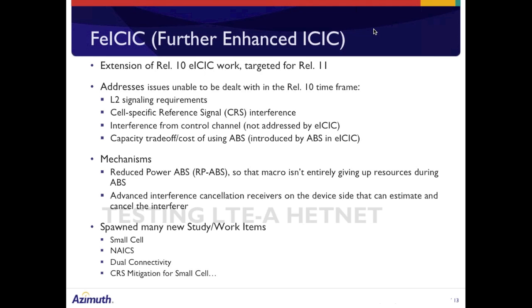So there were simulations where they evaluated the possibility of simply offsetting the time alignment between cells. Instead of lining them up at the exact beginning of a subframe, they might delay one cell with respect to another by the number of control channel symbols. So that would be 1, 2, or 3, which would be on the order of 72 microseconds per symbol.